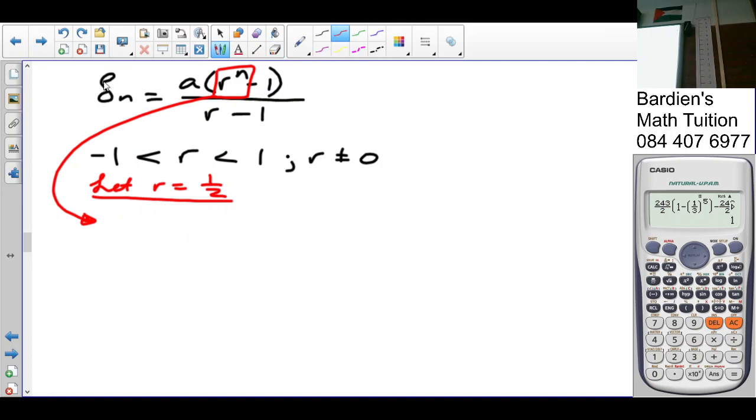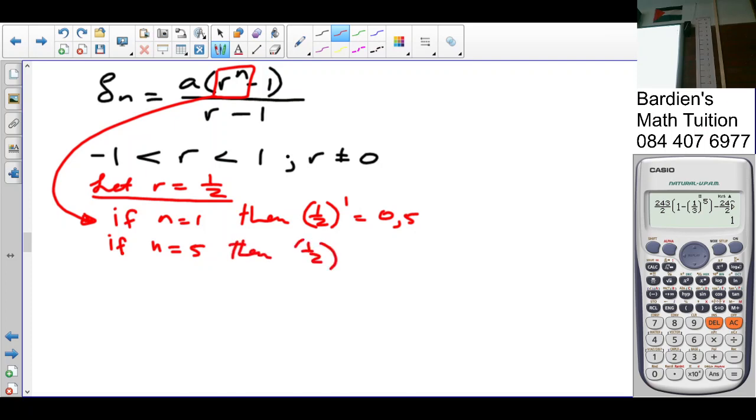If n equals 1, then you will have half raised to the 1, which is 0.5. Not so. It was half. Let's choose another one. Let's go in increments of 5. If n is equal to 5, then you've got a half to the 5.